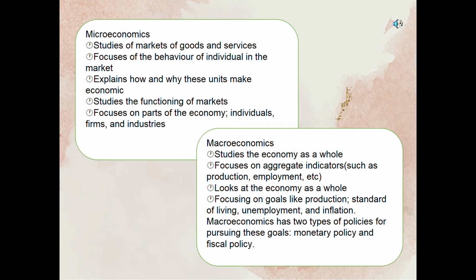Monetary policy refers to the actions our central bank needs to take to pursue objectives such as price stability and maximum employment, while fiscal policy refers to government revenue collection and spending decisions, which include those of Congress and the administration.